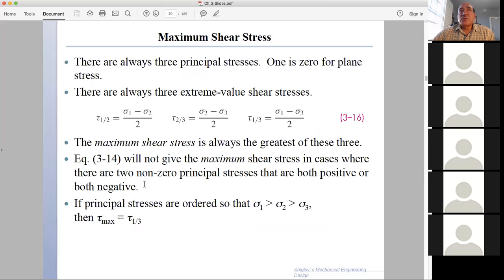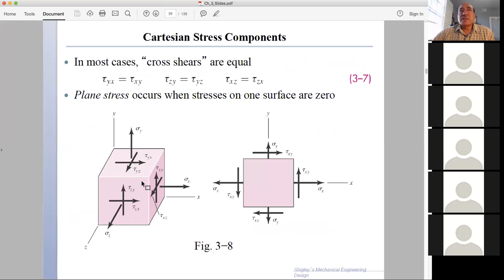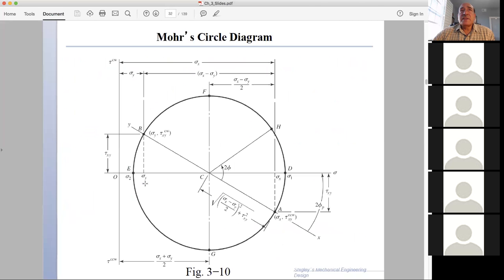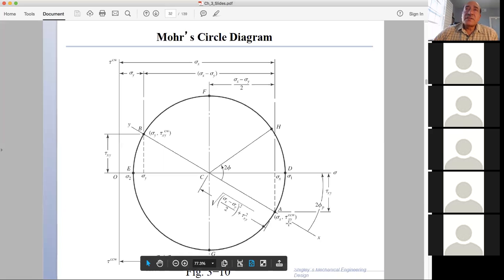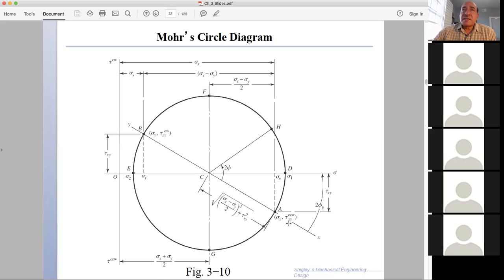Because when we plot the Mohr circle, the vertical is always tau clockwise positive up, and counterclockwise negative down. So when you have sigma x, you attach to it whatever shear stress is on it.